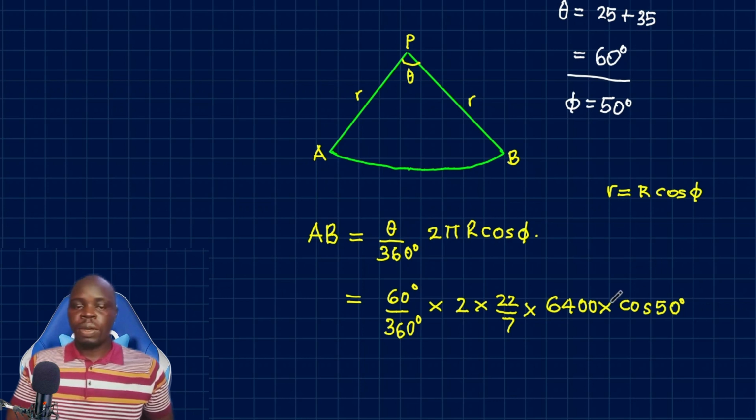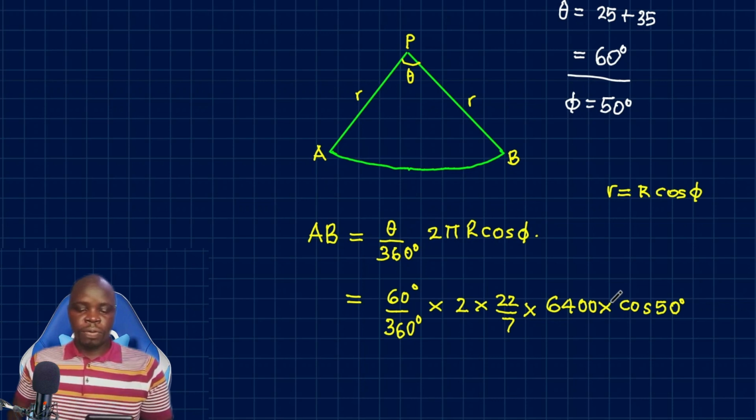So let's get our calculator and enter everything there and get the result. We have 60 divided by 360, and we multiply this by 2. We also multiply this by 22 over 7, and multiply this by 6,400 times cosine of 50.